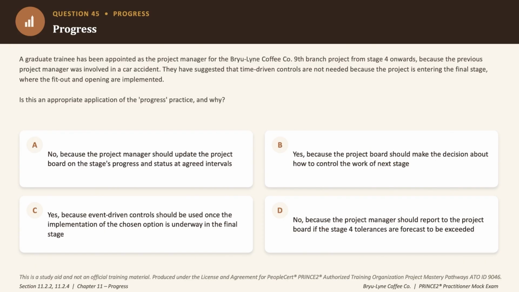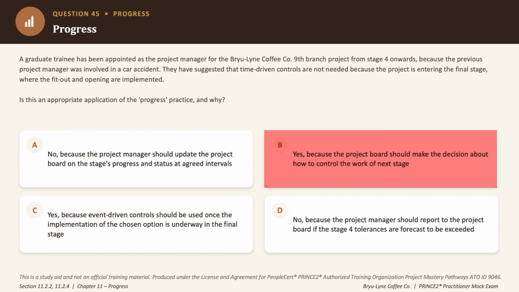So option B says yes, because the project board decides how to control next stage's work. Now, if you think about it, that's a different decision point entirely, which is stage authorization, not what controls run during the delivery itself. Okay, so an incorrect answer choice. So option C says yes, because event-driven controls should be used once implementation is underway.